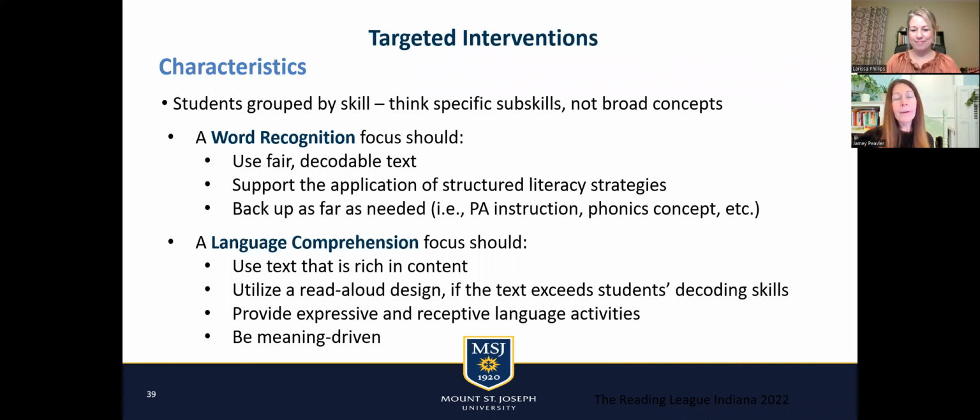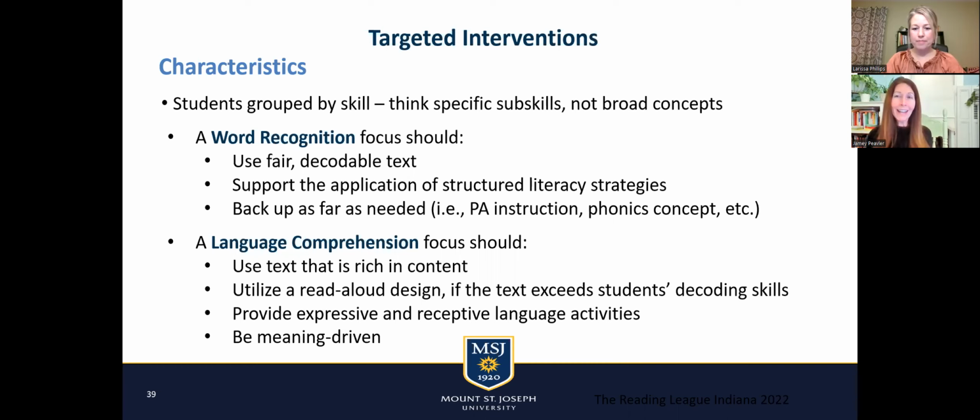So to recap some points that we've talked about so far, when you're doing your targeted intervention, be really mindful about the specific skills. I've probably said that phrase 100 times this evening, but you want to group them by the skill, not a broad concept, but something very specific and teachable and measurable. If you're doing a word recognition focus, chances are you're going to need to incorporate decodable text at some point, because remember, we need to apply and generalize and adapt.